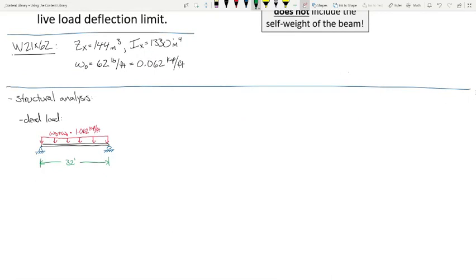So help me out. How do I compute the dead load moment? Well, I could compute the reactions, draw the shear diagram, draw the moment diagram, get the maximum moment on the moment diagram, and use that moment. Or I could just look up the formula. What is the formula for a simply supported beam subjected to a uniformly distributed load? There you go. That's the one I had you all derive on your own last semester.